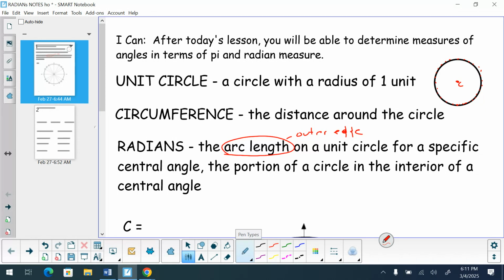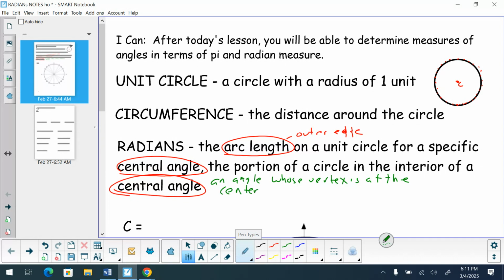And then the other term that we bring back, something that you learned in geometry, is what is called a central angle. A central angle is an angle whose vertex is at the center of the circle.